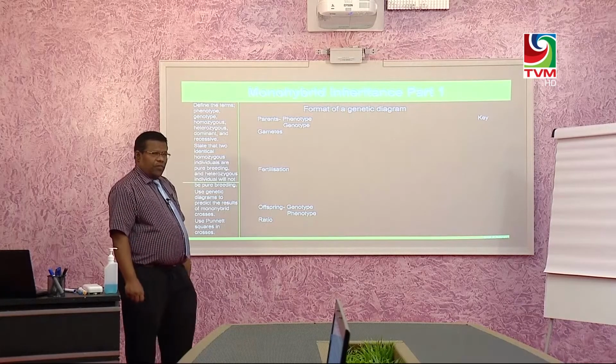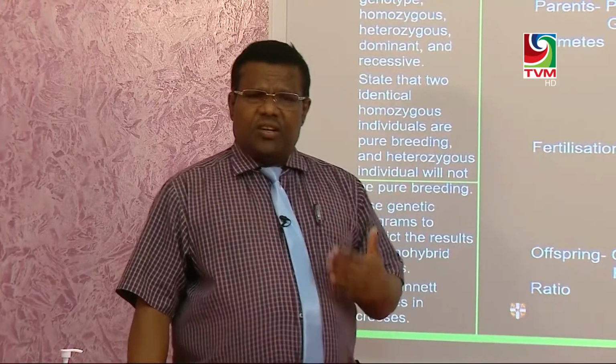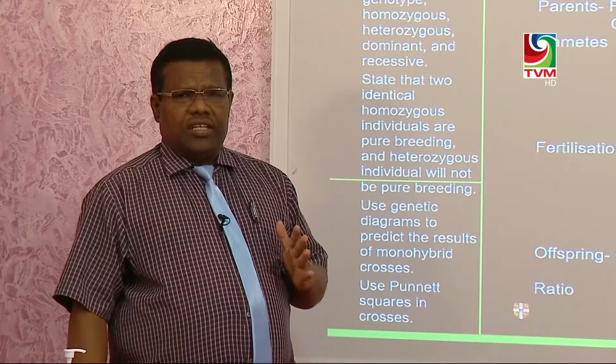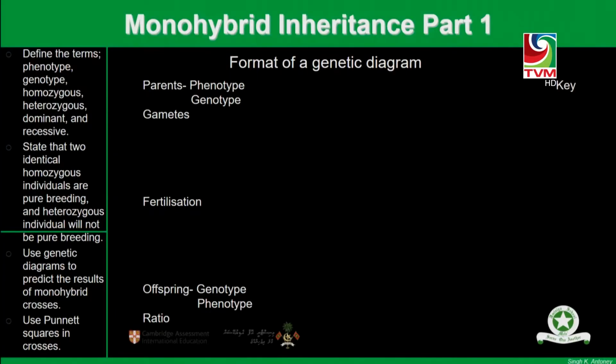In the case of genetic crosses, the crosses should be written by means of a genetic diagram. There are a lot of questions where they ask you to write the genetic diagram, and the format of the genetic diagram is shown here.